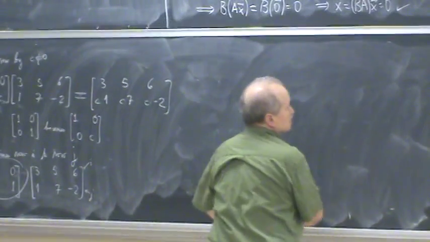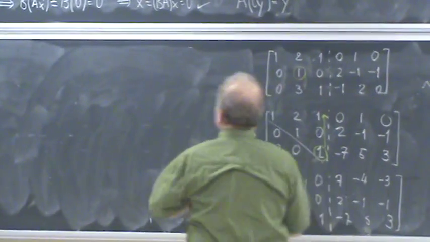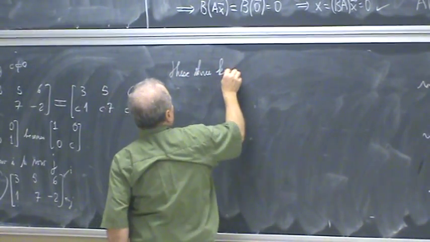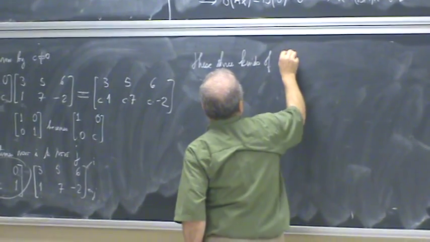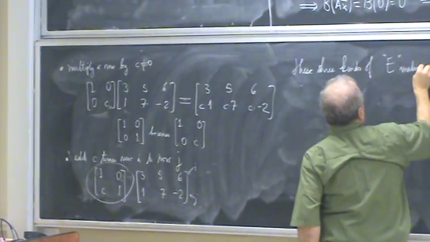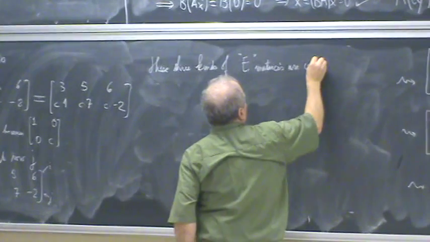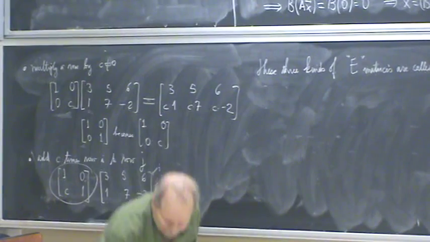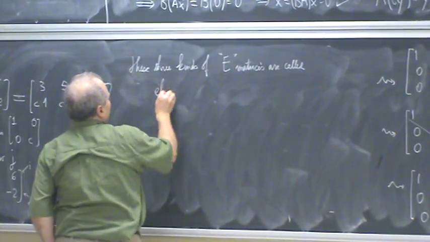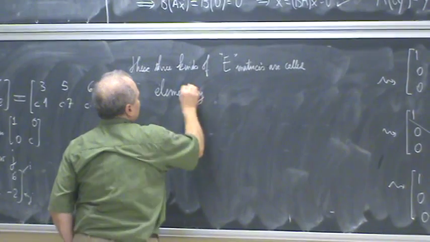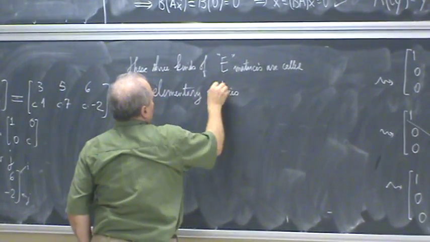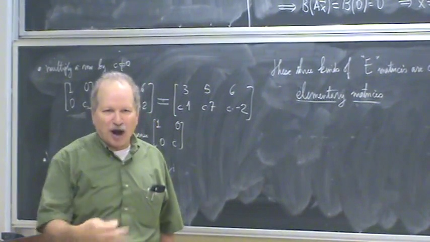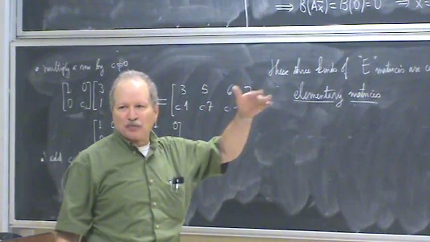So these matrices that I've talked about, these three kinds of E matrices, are called, E was not for echelon, but E was for elementary. Because multiplying by such an elementary matrix does what's called an elementary row operation, which is a single one of the row operations we've been doing.